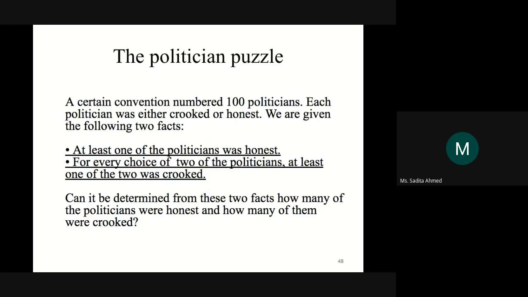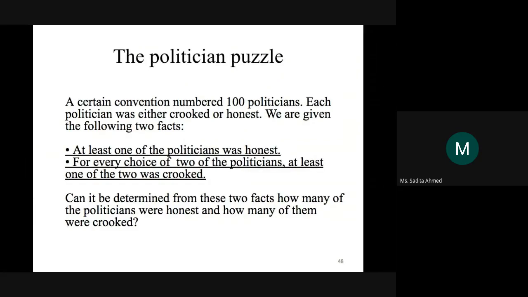Now we will go over each of these 99 politicians and put each politician in the choice and see what happens. Also, you've said that the other politician will always be crooked.